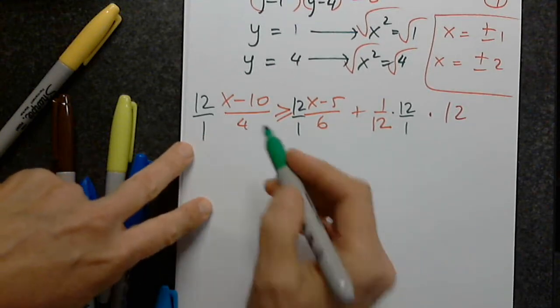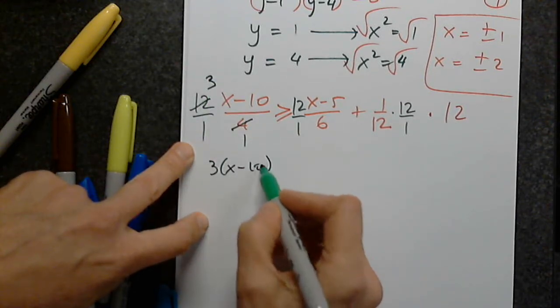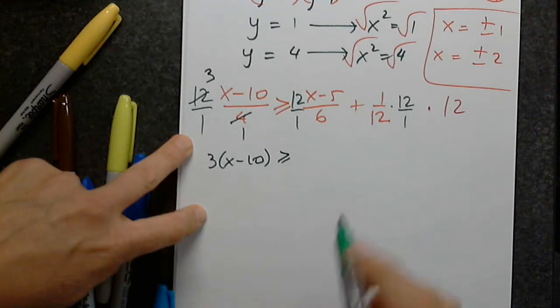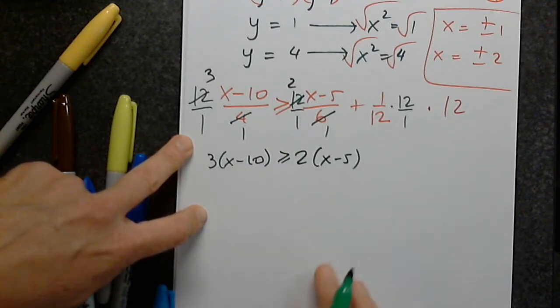So the first simplified form here is 3 times x minus 10 greater than or equal to, I simplify by 6, so it's 2 times x minus 5.